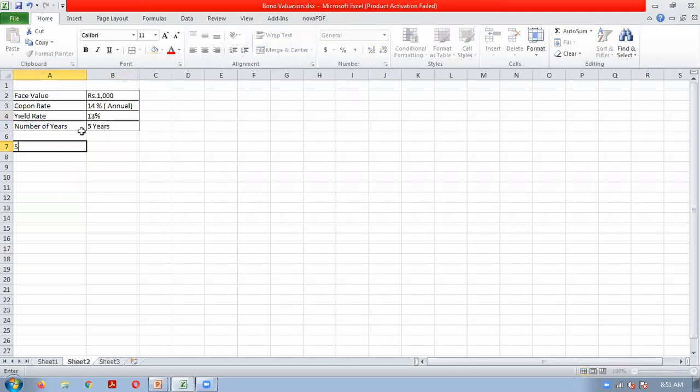How we will calculate? Statement showing value of the bond.